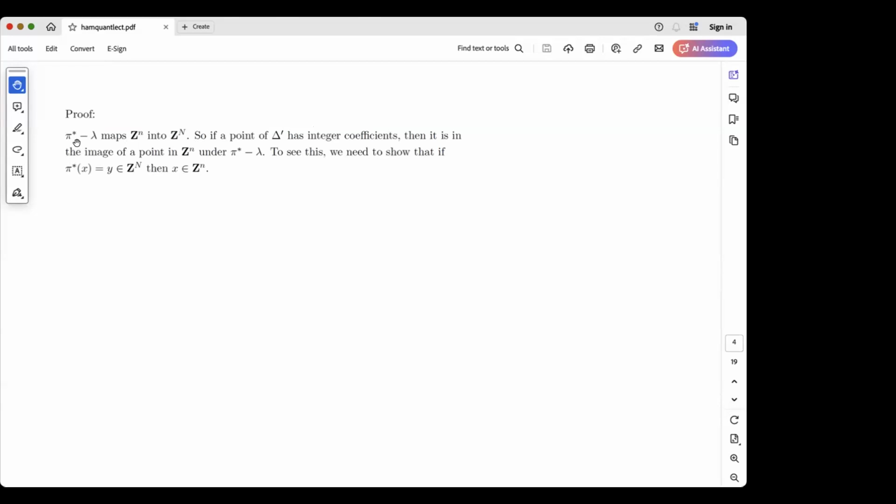To see this, we see that pi star minus lambda maps Z^n into Z^N. So if a point in delta prime has integer coefficients, then it is in the image of a point in Z^n under pi star minus lambda. To see this, we need to show that if pi star of x is in Z^N, then x is in Z^n.